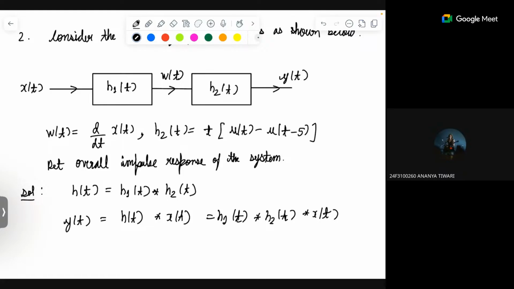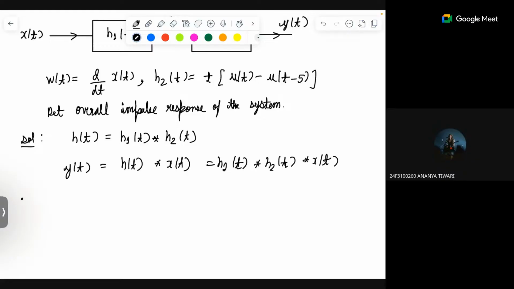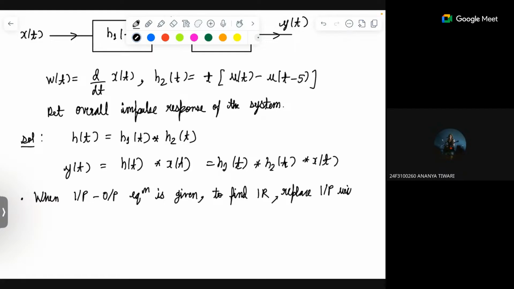Now determine the overall impulse response of the system. And before you start, I would like to give you two hints. The first one, I'm writing down both of them. When the input-output equation is given, to find the impulse response, replace the input with delta of t.